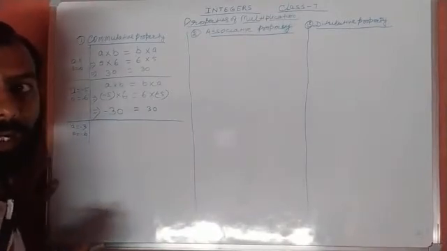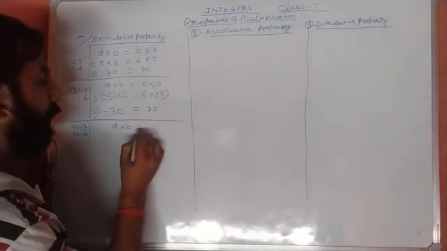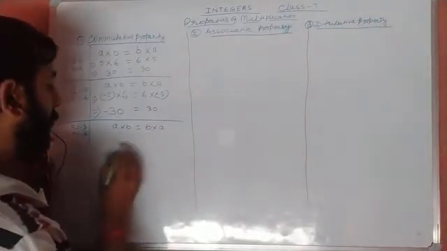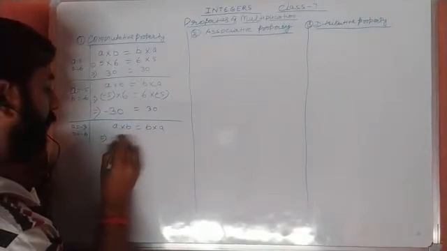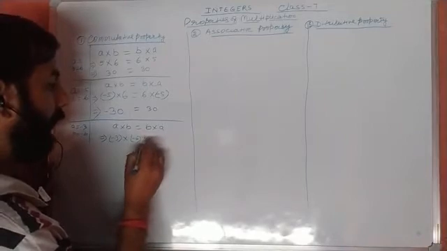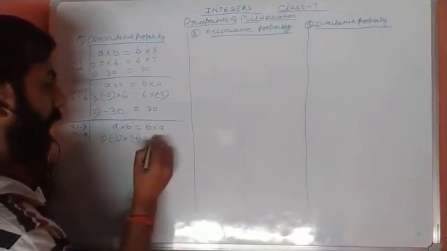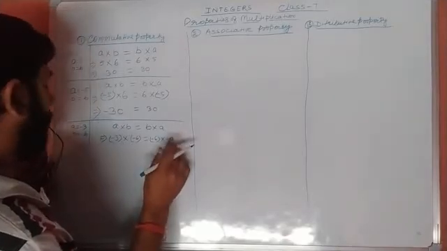Then what will be the answer? A into b equals b into a. So minus 3 into minus 6 equals minus 6 into minus 3.